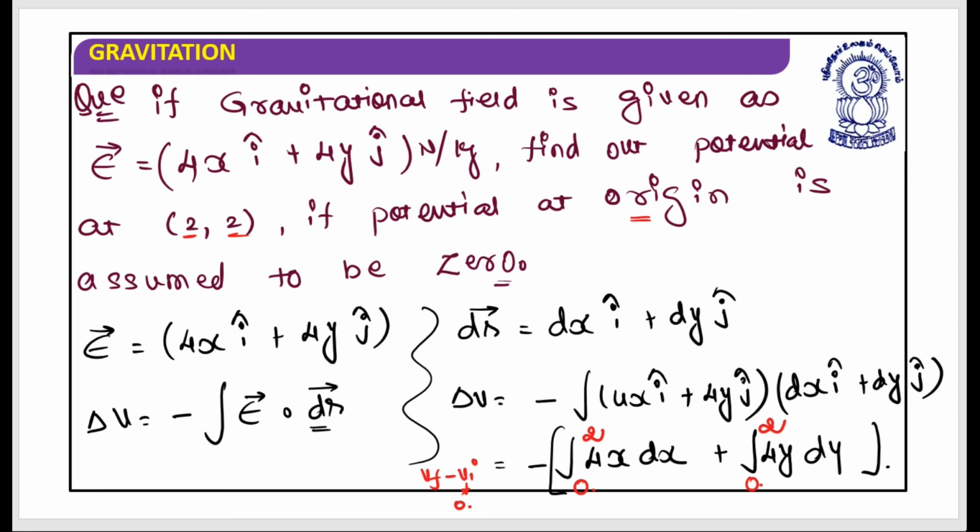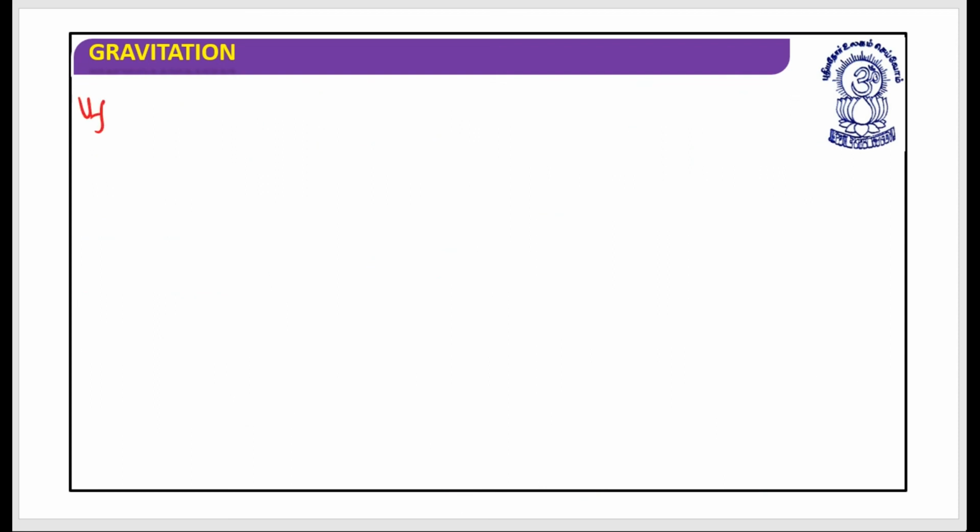So let's do it. Vf minus Vi, while Vi would be 0, is equals to minus of the integration of 4x dx from 0 to 2 plus the integration of 4y dy from 0 to 2.